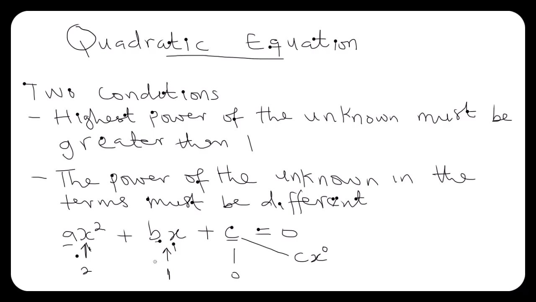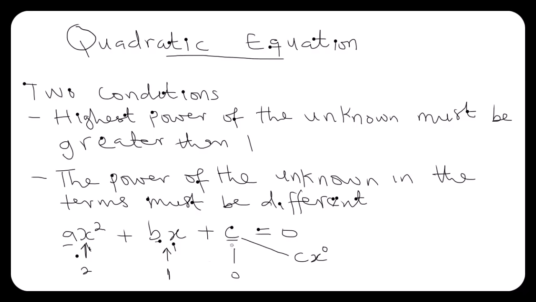Therefore, the powers of the unknown in all the terms are different. The first term, ax squared, has power 2. The second term, bx, has power 1. And the last term, c, has power 0. You can see the powers are different.